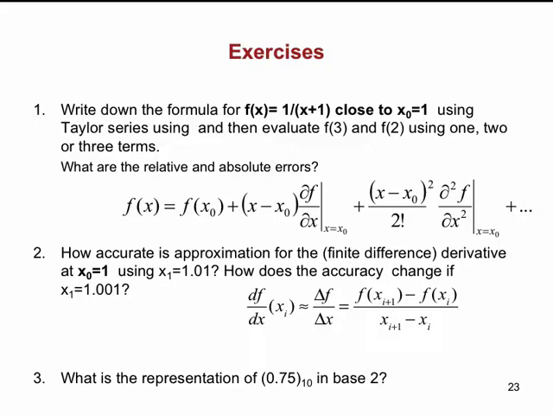Plus x minus 1 times what is the derivative of 1 over x plus 1? Minus 1 over x plus 1 squared, right? And plus x minus 1 squared over 2 factorial, which is 1 times 2, so that's 2, times what is the derivative of this?